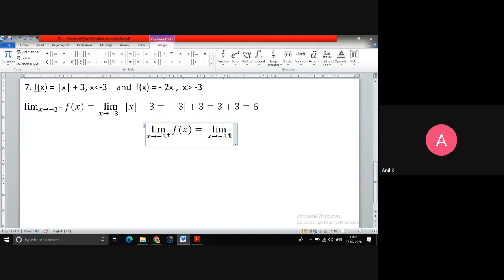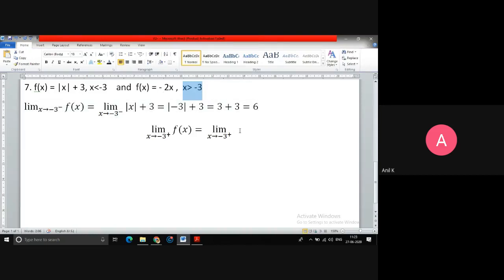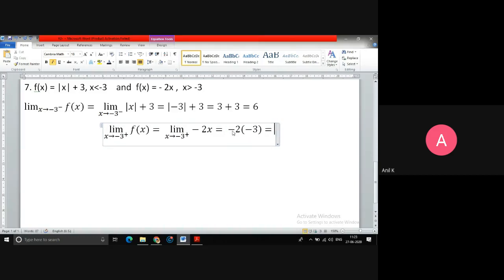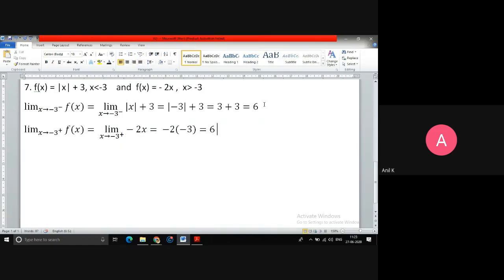Now what do you get here? If x is right side of minus 3, meaning greater than minus 3, my function is going to be minus 2x. So in place of mod x plus 3, I'll put minus 2x, which is equal to minus 2 times minus 3. So that is going to be 6 only. Minus 2 into minus 3 is going to be plus 6. Now I got left limit as plus 6, right limit also plus 6.